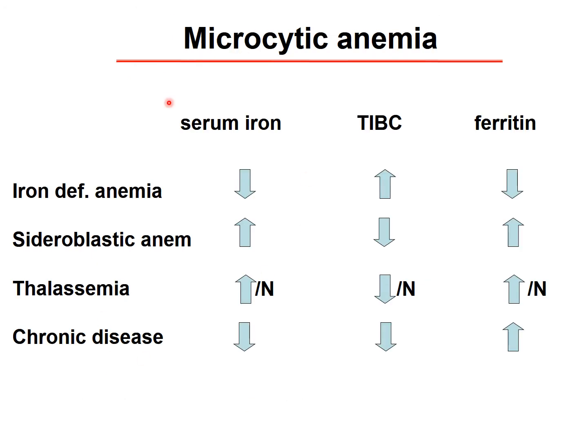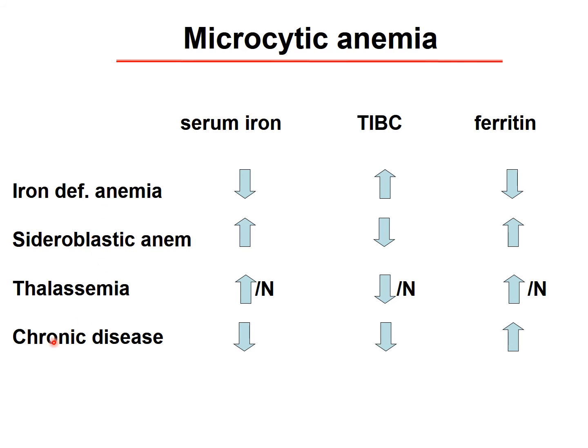Now this summary is going to tell you how the serum iron, total iron binding capacity, and ferritin are going to change in the different most common forms of microcytic anemias. In iron deficiency, we said serum iron down, total iron binding capacity increased, and the ferritin is going to decrease.